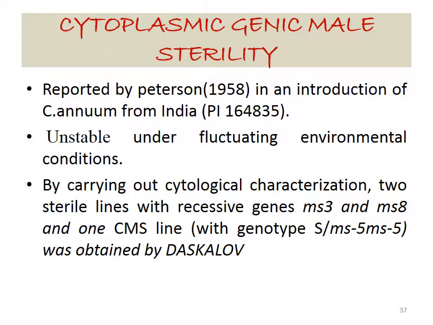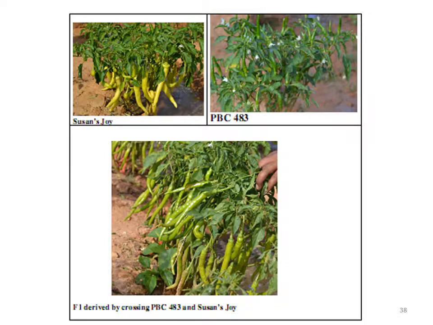By carrying out cytological characterization, two sterile lines with recessive genes MS3 and MS8 and one CMS line, that is S by MS-5 MS-5, were obtained by Discolo. These are the parental lines, and after crossing, the F1 had more yield as well as an attractive appearance as compared to their parents.